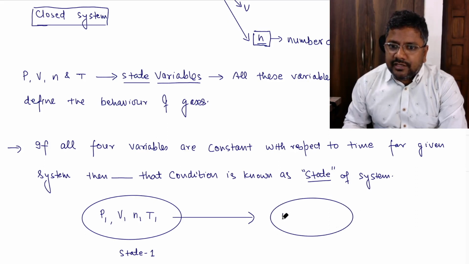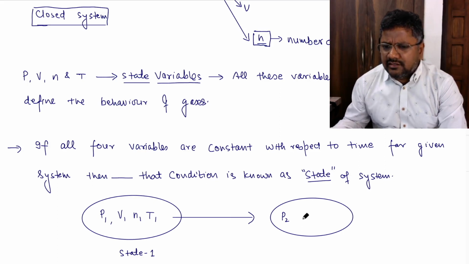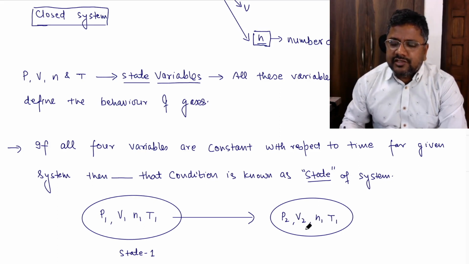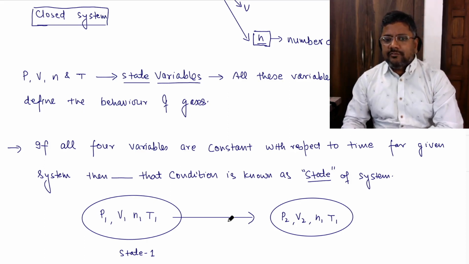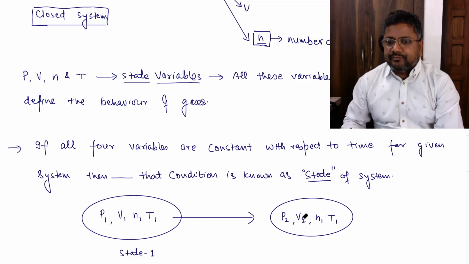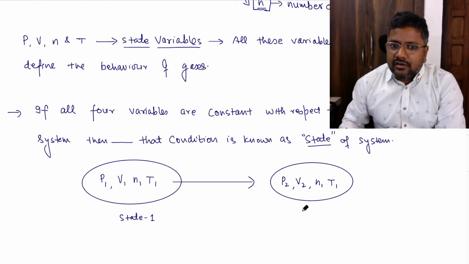Suppose we change pressure from P1 to P2 by any means, that is independent, no problem. How you are changing hardly matters. P2, volume is V2, number of moles are N1 and temperature is T1. Means we have kept quantity constant, we have kept temperature constant, but pressure and volume are changed. So this is called state 2 of our system.